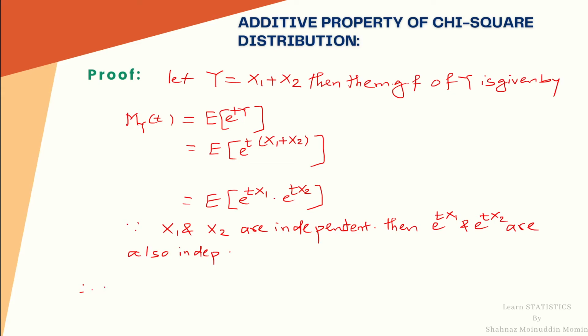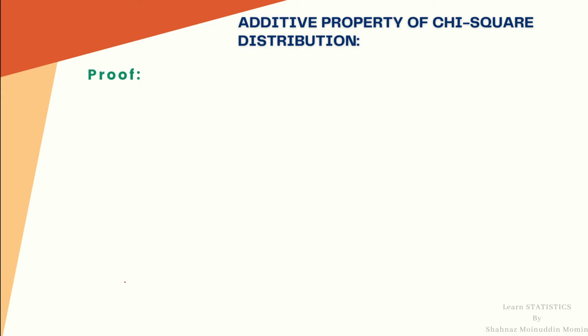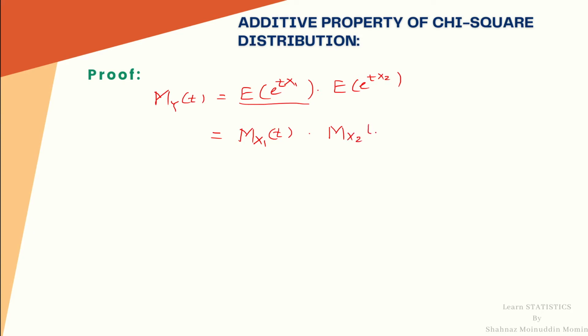So My(t) becomes the expectation of e raised to t x1 multiplied by the expectation of e raised to t x2, since x1 and x2 are independent. But this is nothing but the MGF of x1, Mx1(t), and this is the MGF of x2, Mx2(t).